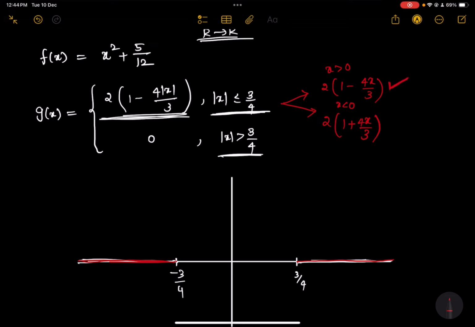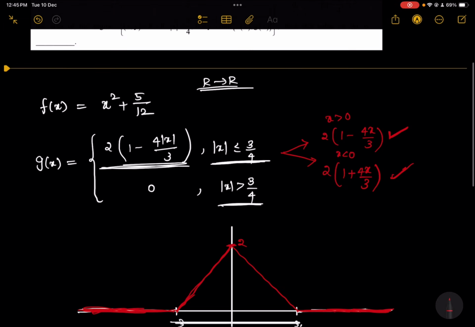When you put x equal to 0, the value is 2. So somewhere here the function is a straight line like this, and for x less than 0 it looks something like this. If you plot this, it is a straight line which passes through these two points. Alright, whatever red curve we have drawn is g of x.